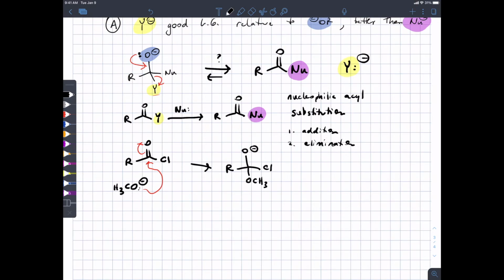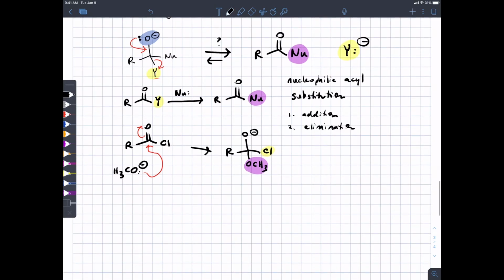Then once you're there, you compare the leaving group ability of the alkoxide versus that of chloride. You may already know that, but if you don't, simply draw both of them as they would look if they left. Then draw the conjugate acid. Then go look up the conjugate acid pKa, minus 9 and 16. So it's no contest. Cl minus is the better leaving group.